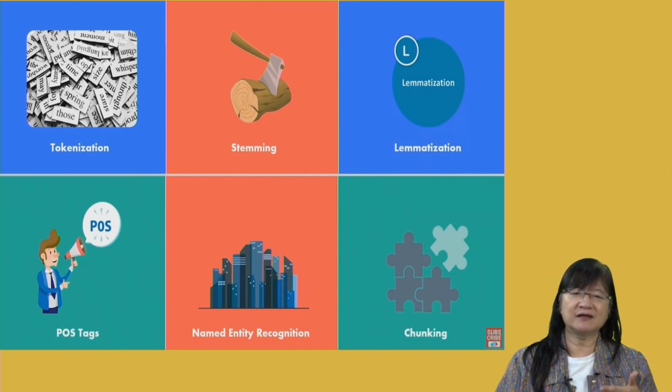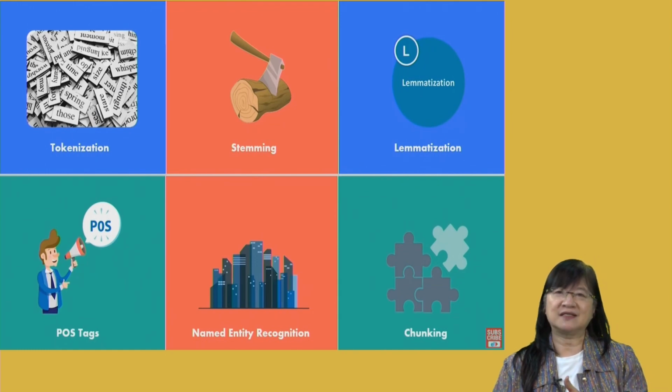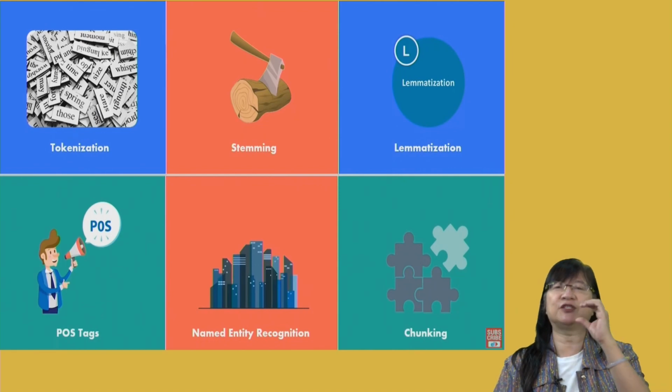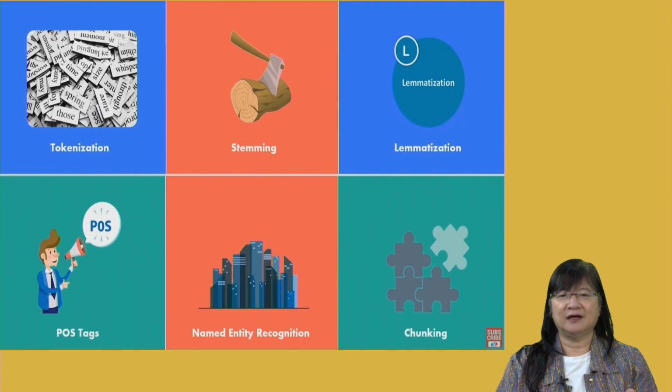Lemmatization, that's another kind of stem. For example, good, better, best. Well, we don't have the same stem, but as you know, good, better, and best, well, the lemma, that's good, right? Okay, so these 2 are for your reference.